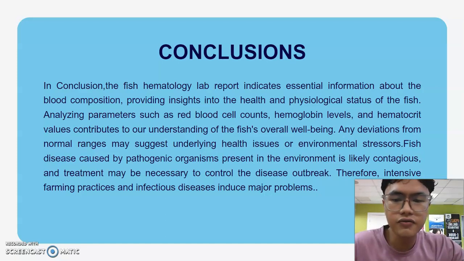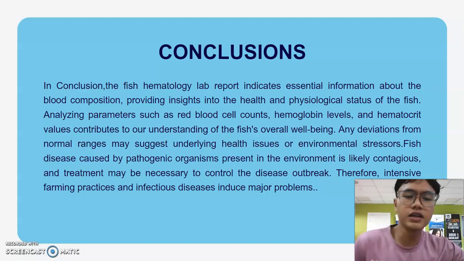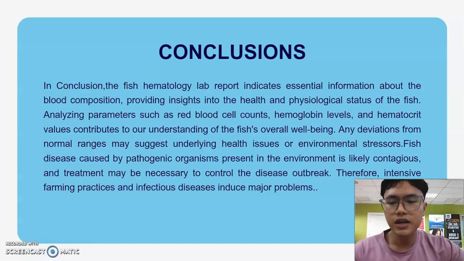Any deviations from normal ranges may suggest underlying health issues or environmental stressors. Fish disease caused by pathogenic organisms present in the environment is likely contagious and treatment may be necessary to control the disease outbreak. Therefore, intensive farming practices and infectious disease induce major problems.